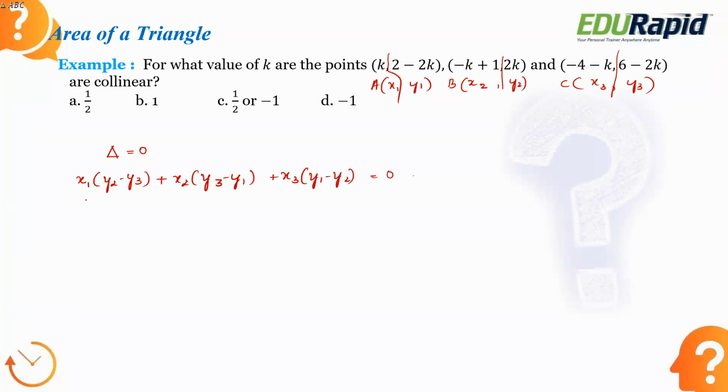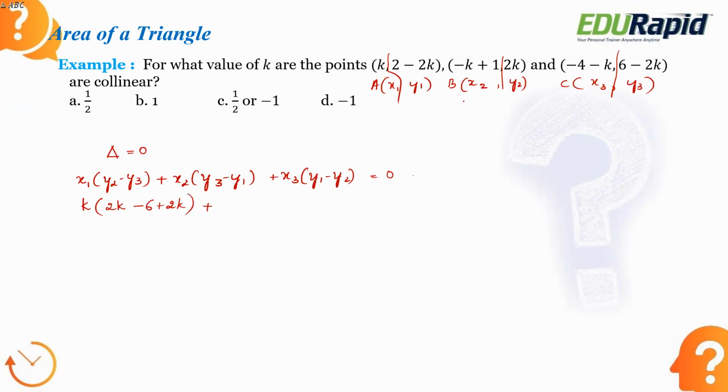So what is x1 here? That's k. And y2, you have to just substitute the values now. y2 is 2k minus y3, so it's minus 6 plus 2k. I'm just substituting it directly.